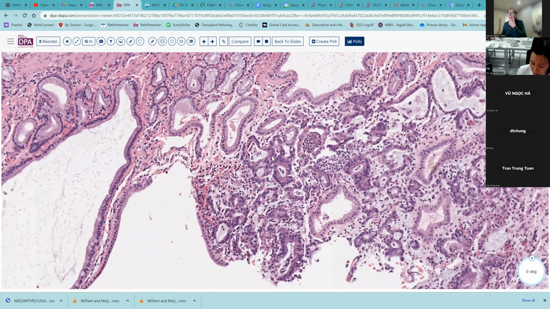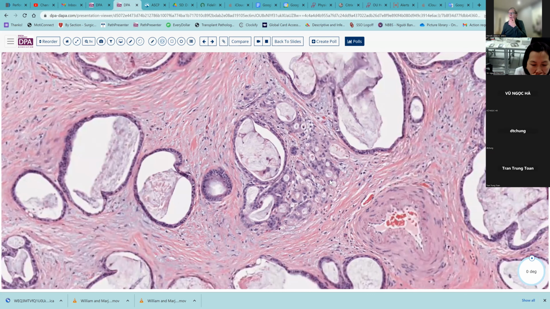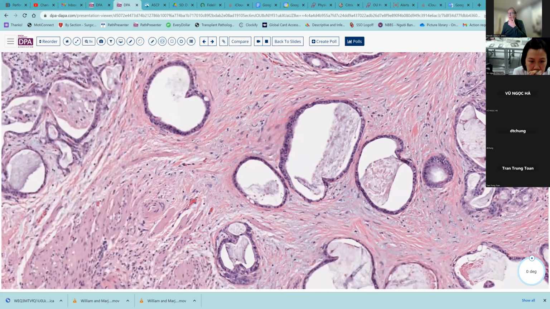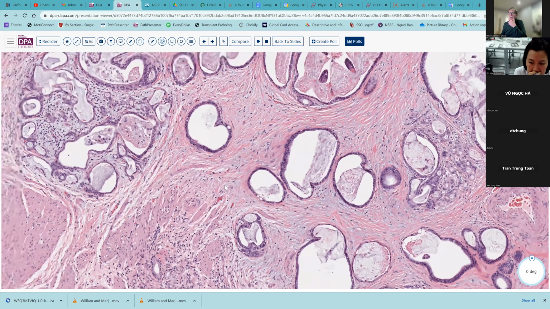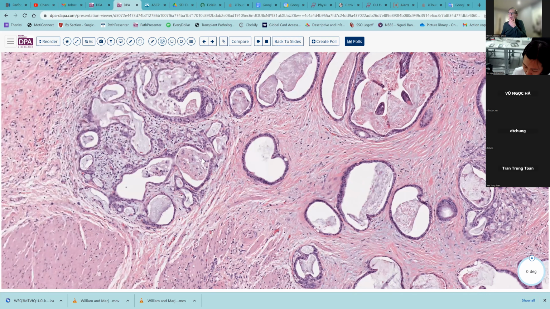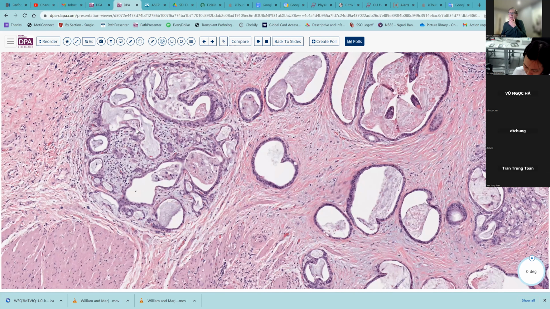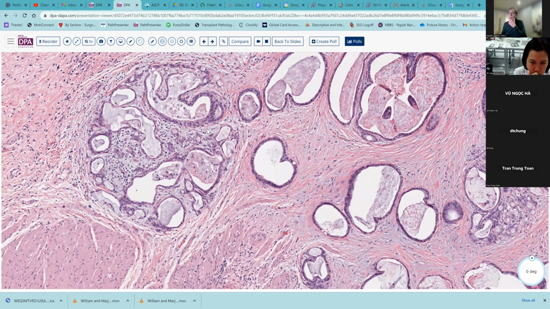So let's look here at this area, which looks a little bit like that adenomyomatous area that we looked at earlier. What's different about it? Well, one of the differences is the structure of these glands. Notice the variable size and shape, the small glands, the big glands, the mucin, the inflammatory changes, and the desmoplasia. Those all look a little different than what we saw with adenomyosis.